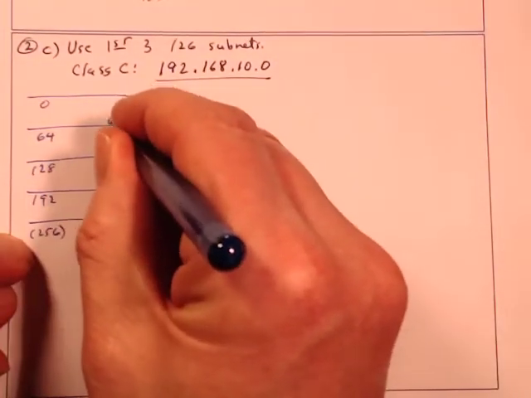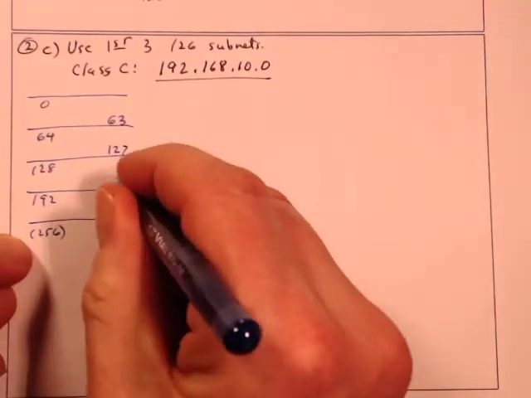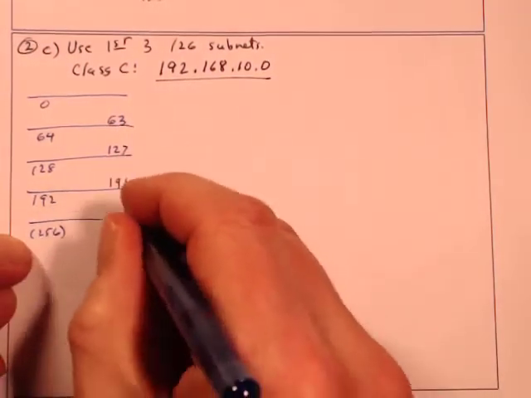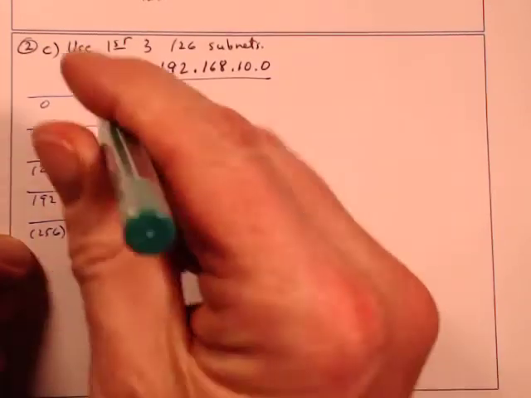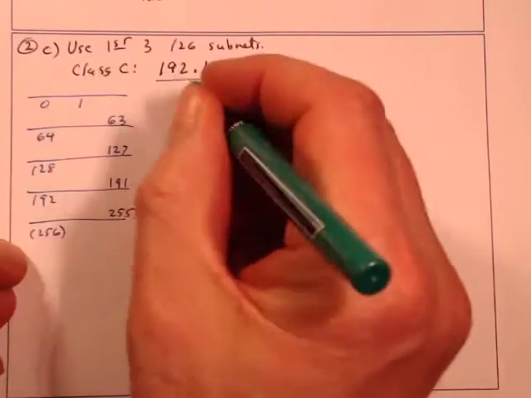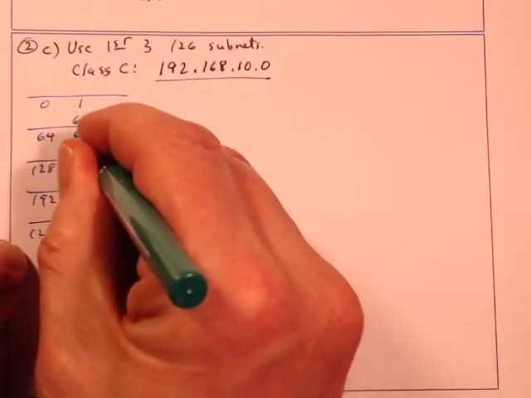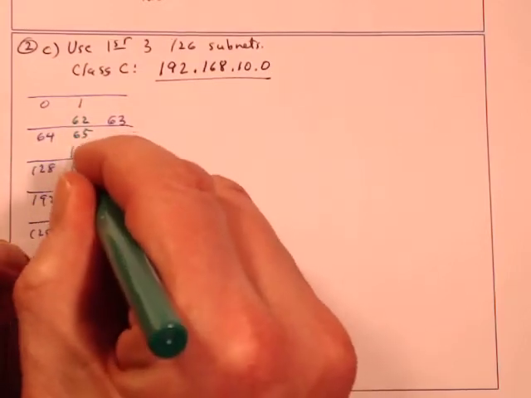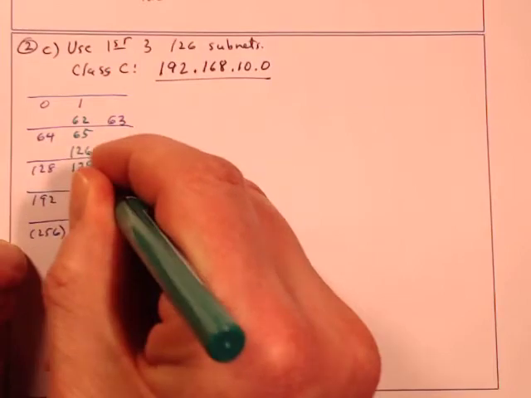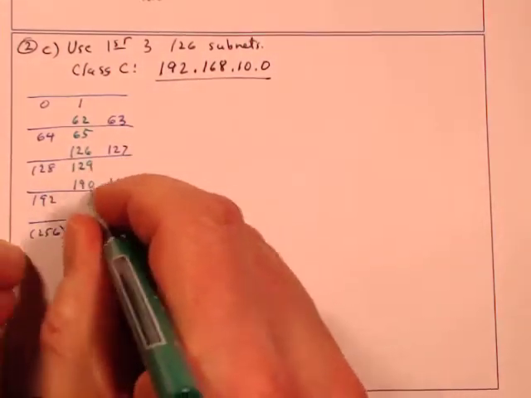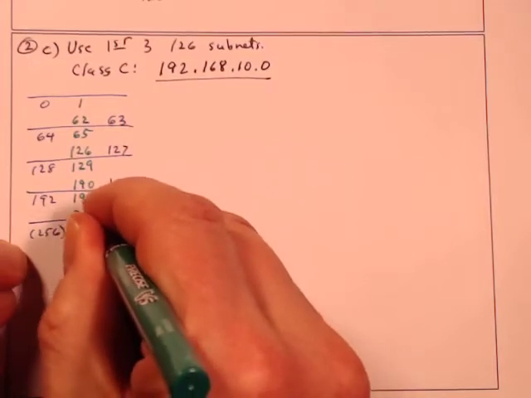I subtract 1 to get my broadcast addresses. And then I simply fill in the host addresses: 0 to 1, 62 to 63, 64 to 65, 126 to 127, 128 to 129, 190 to 191, 193, and then 254.